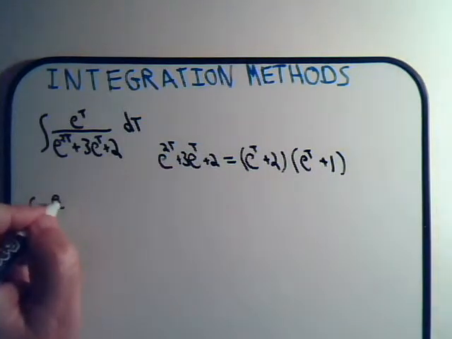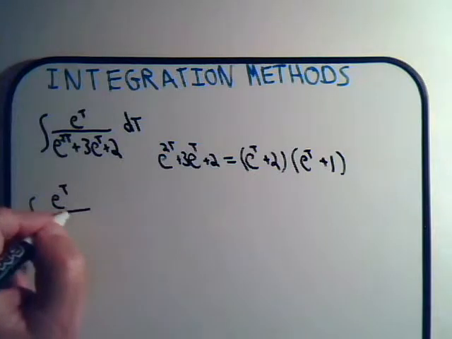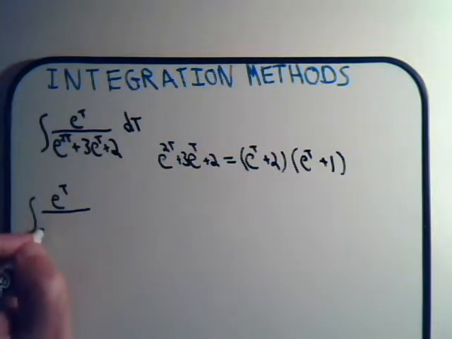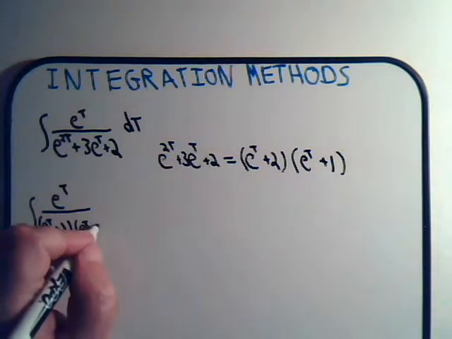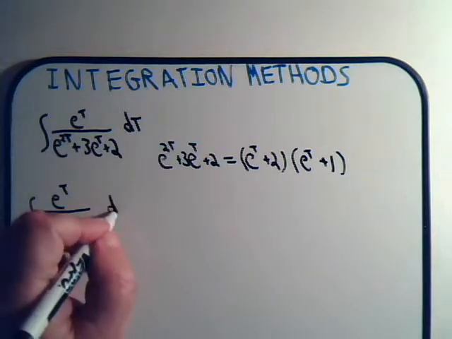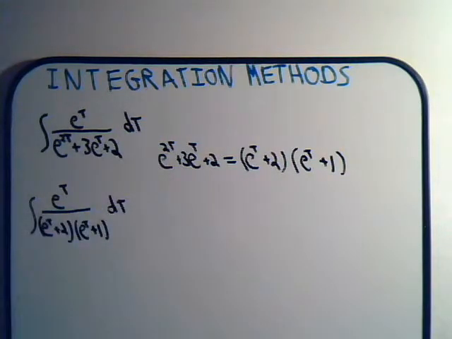So we can rewrite the integral over e to the t plus 1 dt, and looking at the problem in this form, it's obvious that the numerator is of lesser degree than the denominator.